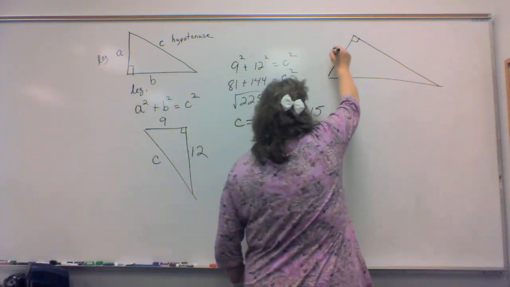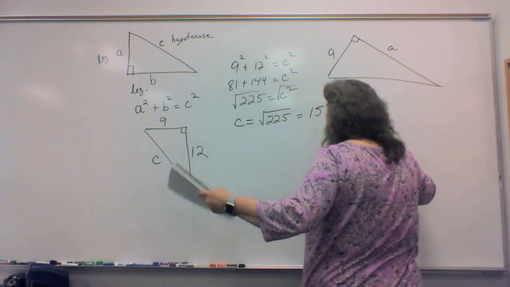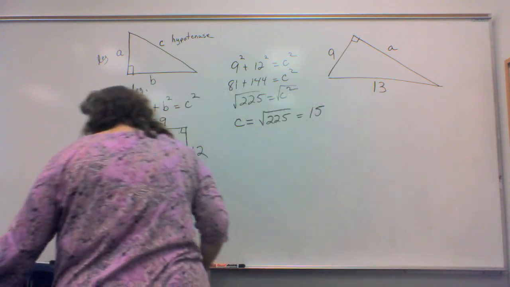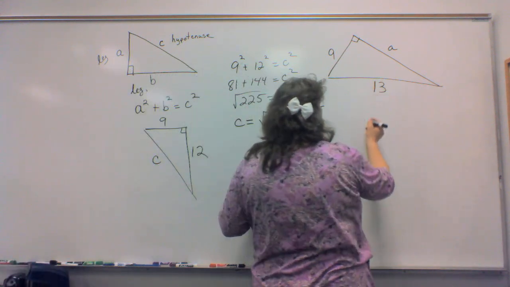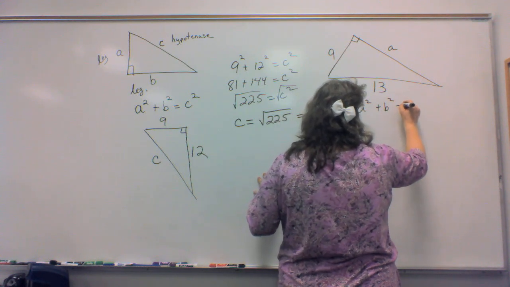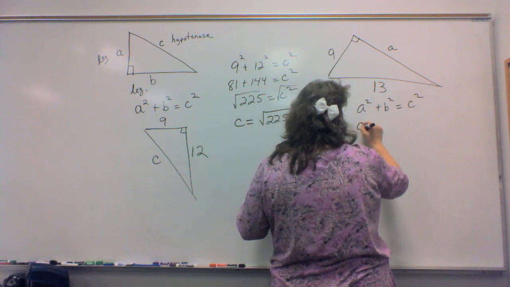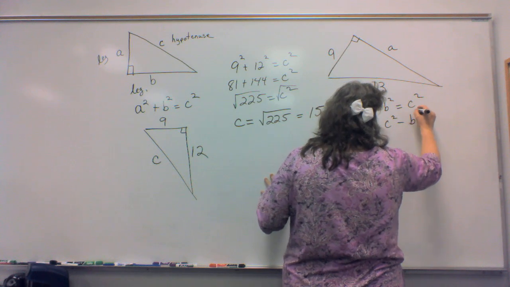Okay, this leg is 9, this leg we don't know, and the hypotenuse is 13. So let's look at that. We have a squared plus b squared is equal to c squared. The a is what I don't know, so my a squared is equal to c squared minus b squared.